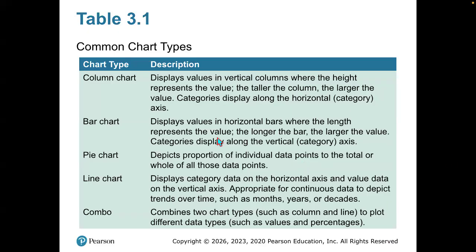And you can also combine a bunch of these too, right? If you're using multiple types of data like values and percentages, or if you wanted to have fractional components as well as value components, you could always mix and match these as well. So Excel is really nice in that way.